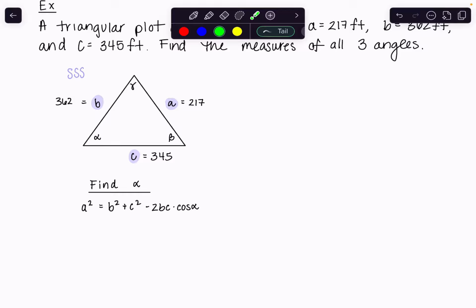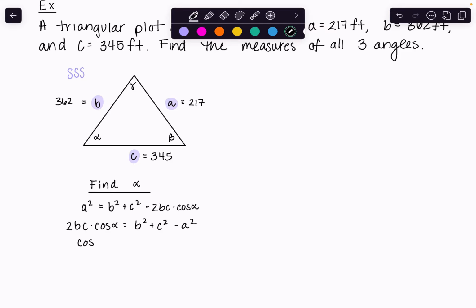So just to get some practice manipulating this, let's go ahead and let's add this to the other side, and then we'll subtract a squared. So moving that over gives us 2bc times cosine of alpha is equal to b squared plus c squared minus a squared.